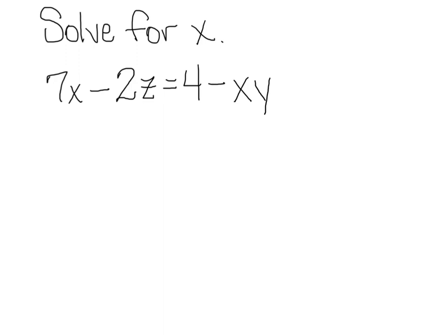First off, we're solving this for x, which means I've got to get all the terms with x on one side of the equal sign and everything else on the other side.